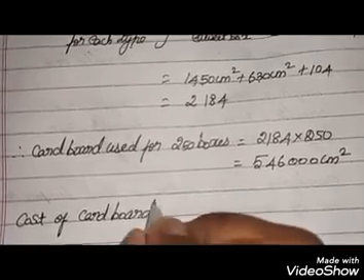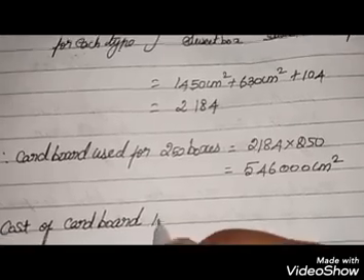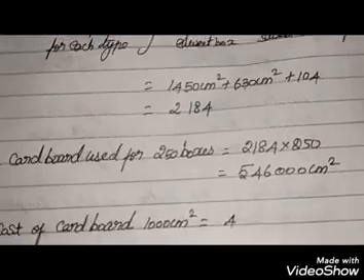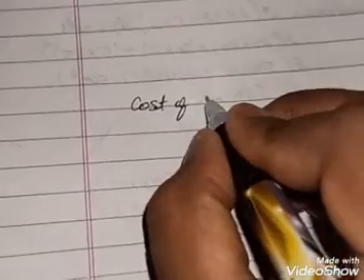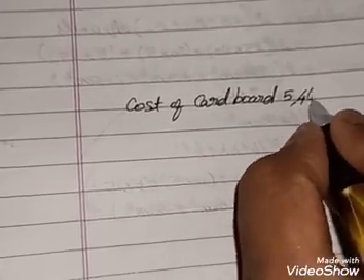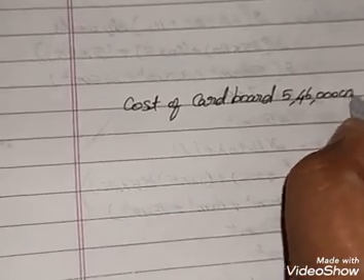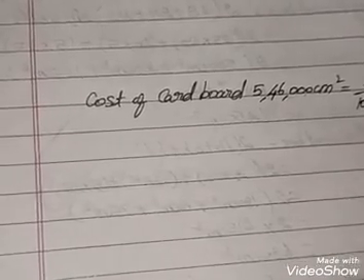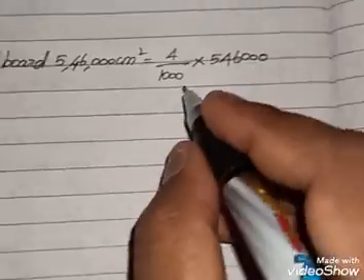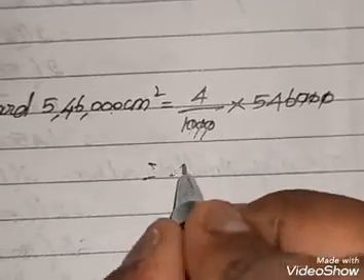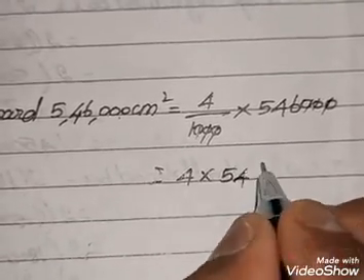The cost of cardboard is rupees 4 per 1000 centimeters square. So the cost of 5,46,000 centimeter square is equal to 4 divided by 1000 of that. We take rupees 4 out of 1000 and cancel the zeros, so the value is 4 into 546.